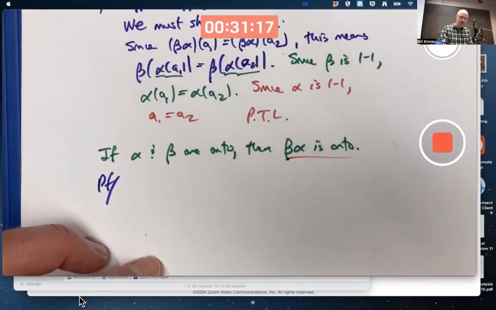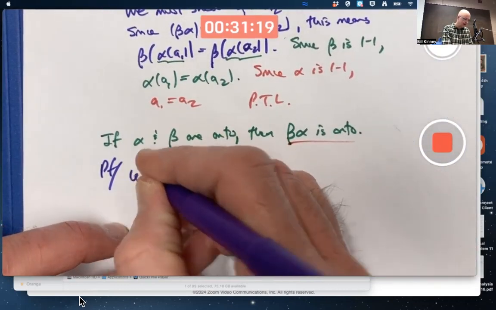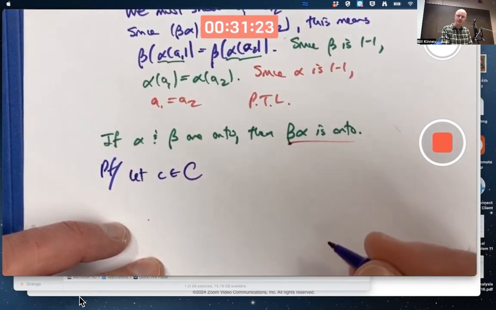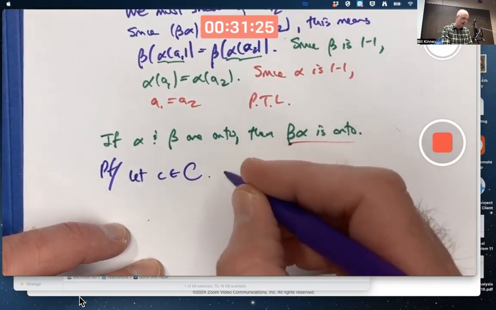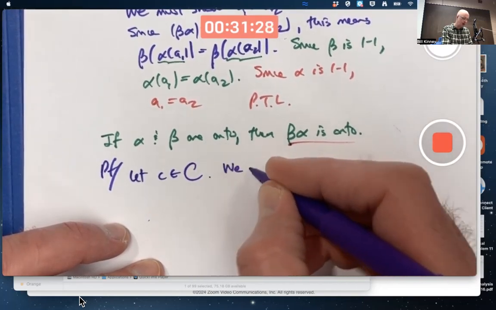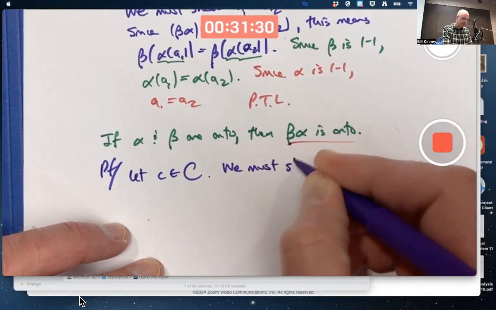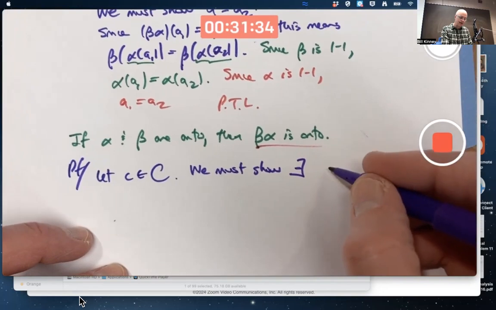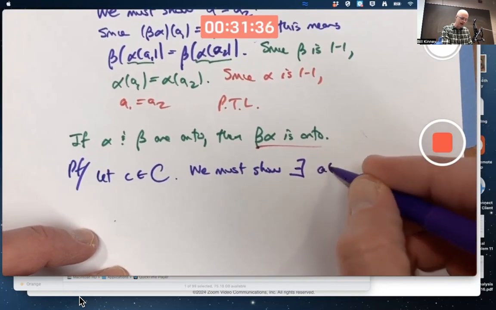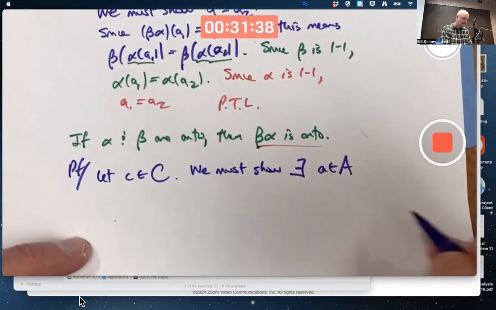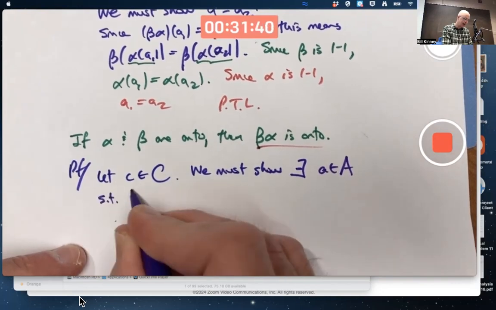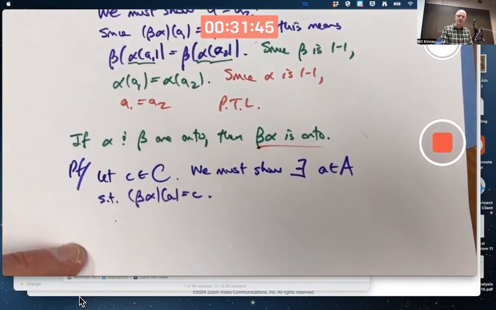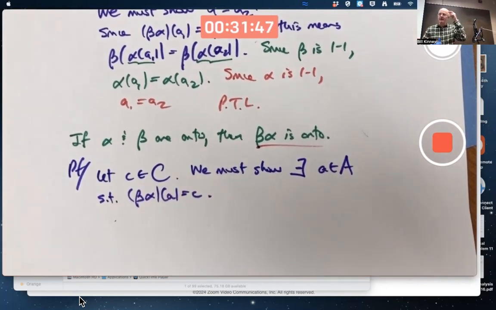So let's go ahead and do that now in words. Let C be an arbitrary element of capital C. I'll go ahead and write: we must show that there exists not an element of capital B, but an element of capital A such that beta alpha of A equals C. Here, initially, I'm not referring to the B at all.